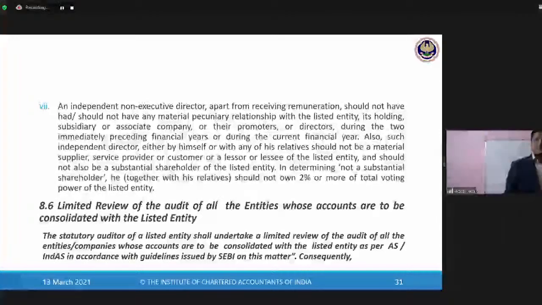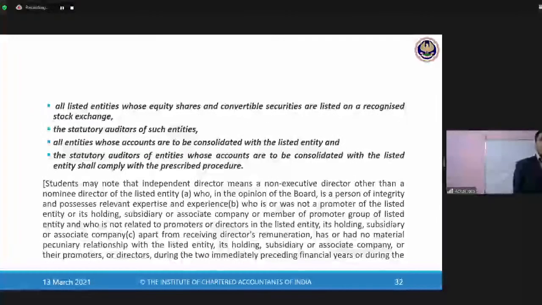Consequently, all listed entities whose equity shares are listed or convertible securities are listed, statutory auditors of such entities, and the statutory auditors of entities whose accounts are to be consolidated with the listed entity shall comply with the prescribed procedure.